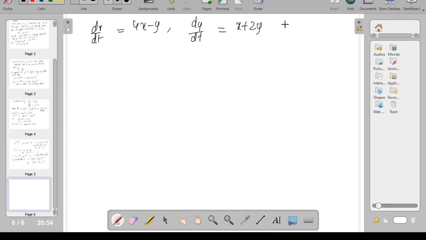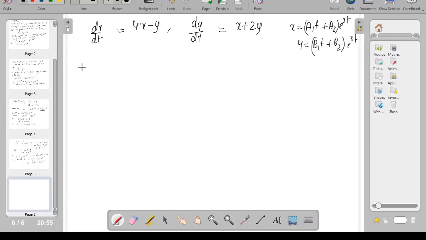Now our x is a1t plus a2 e raised to 3t, and y is b1t plus b2 e raised to 3t. So let us take the derivative first.